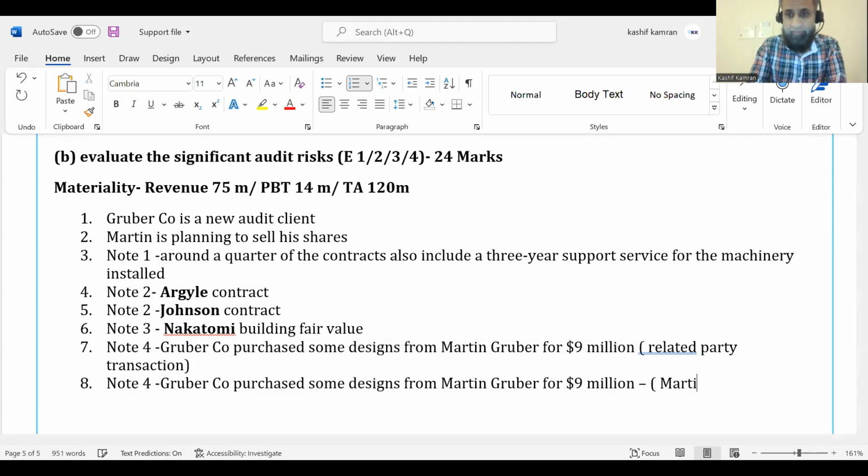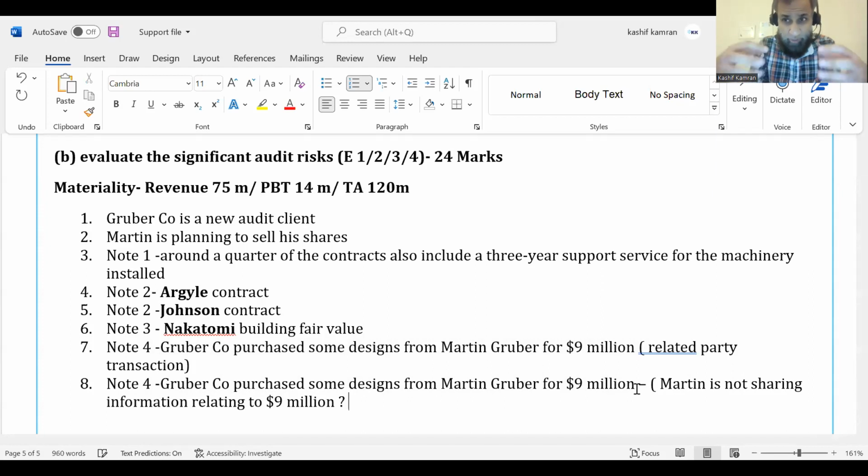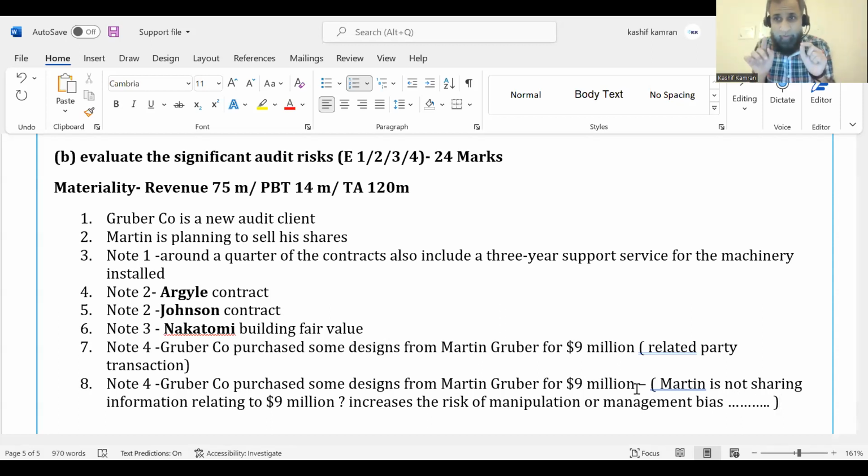Martin is not sharing information relating to $9 million, which increases the risk of manipulation or management bias etc. And you continue.